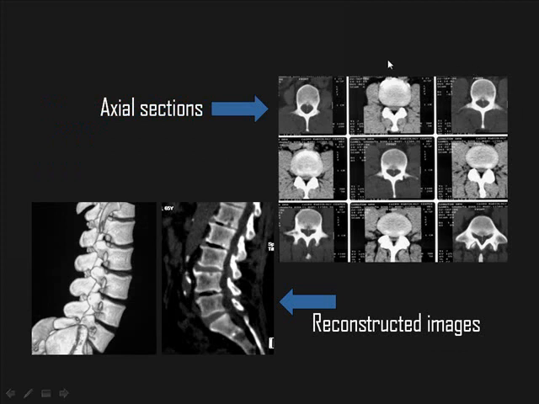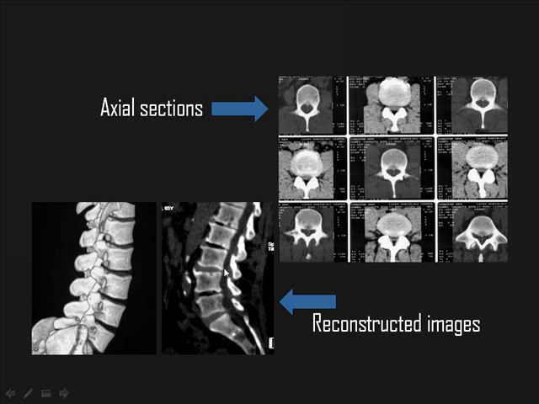Then if you look at these images, these are the axial sections or the transverse sections in the spine. And if you have a newer scanner, you can order the scanner to reconstruct these images into a vertical image. And this vertical image may be sagittal, like this, or maybe coronal, or maybe in the 3D appearance.